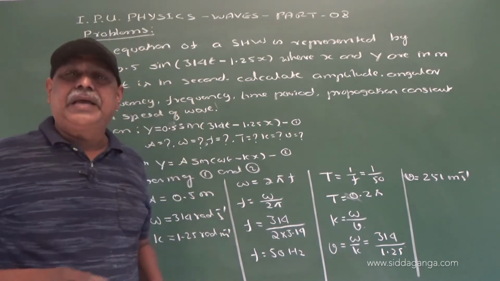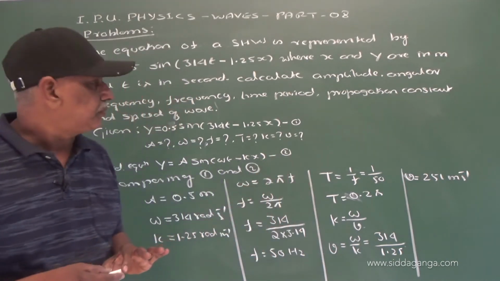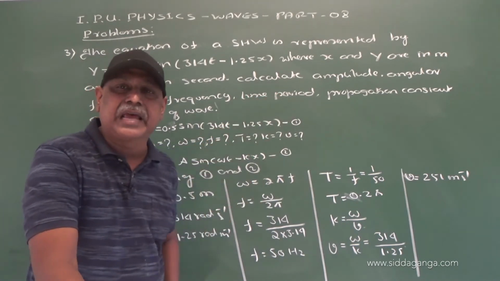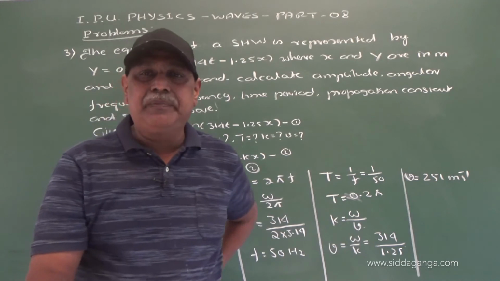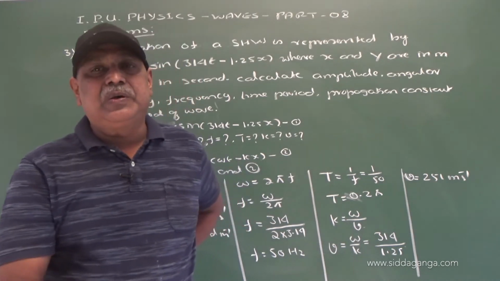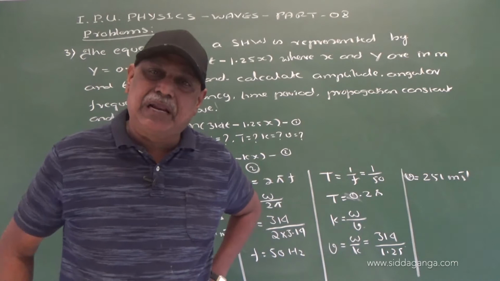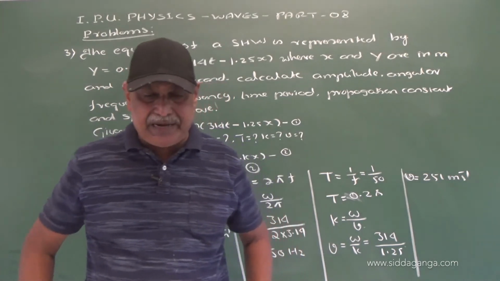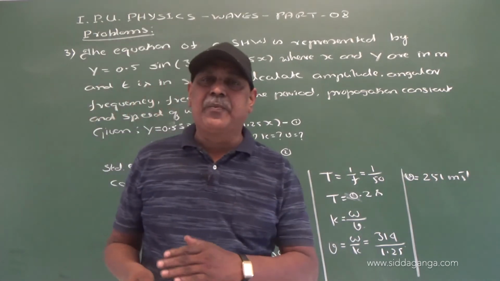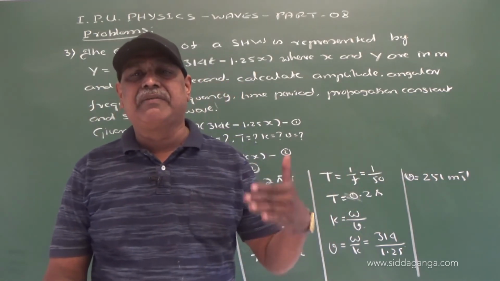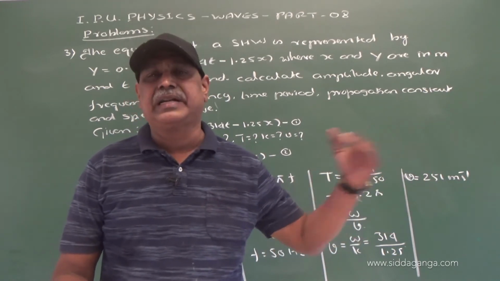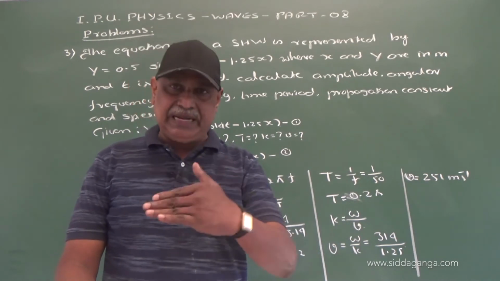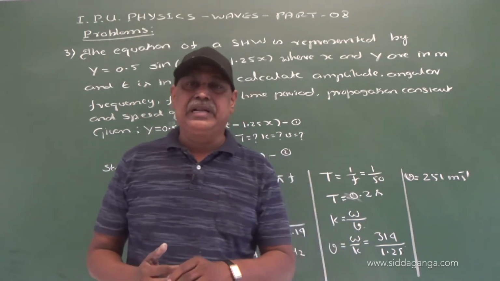Now carefully observe this problem. It is one of the standard types of numerical problem in progressive waves. In this type of numerical problems, a wave equation is given and we are asked to find wave parameters such as amplitude, frequency, wave velocity, angular velocity, propagation constant, etc. In that case, the procedure is simple.